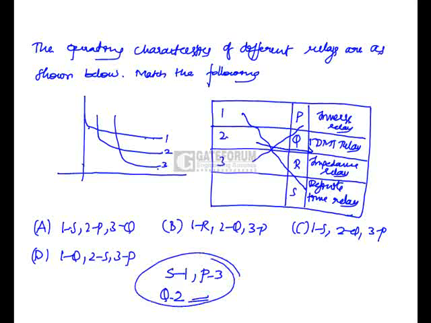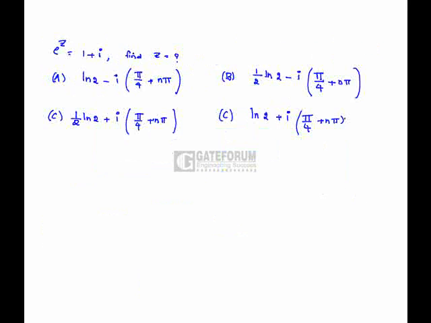E power Z is equal to 1 plus i. Find the value of Z. Here we can write Z as x plus iy. So e power Z is e power x plus iy, so e power x into e power iy.